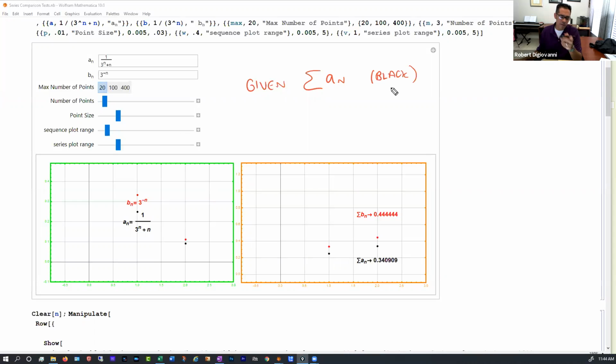And then what if I tell you that there's another series, this one, which is the red dots. So y'all see there's some black dots here, and some red dots. So you're given some series, and then I'm telling you that there's another series that's red where this is true.